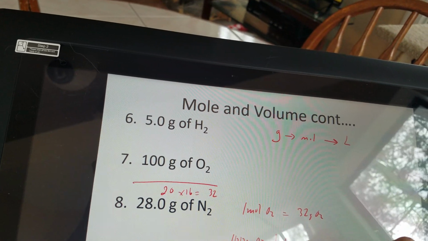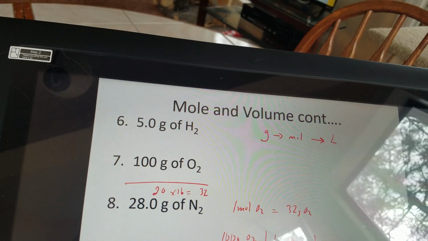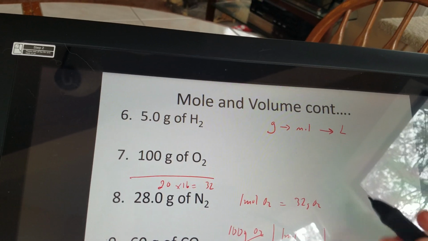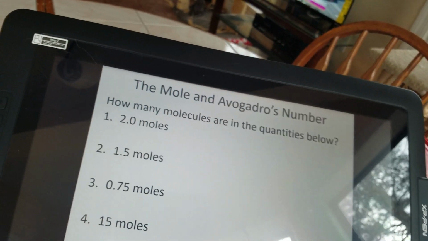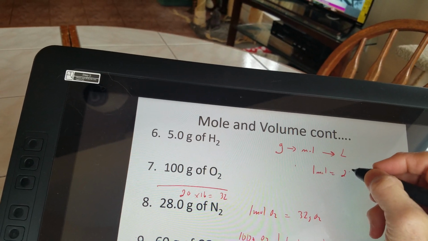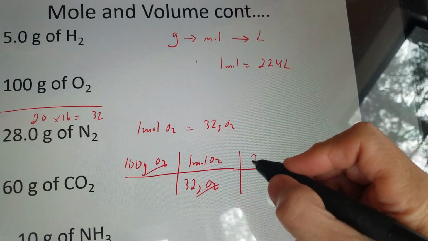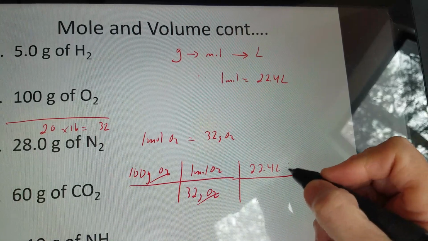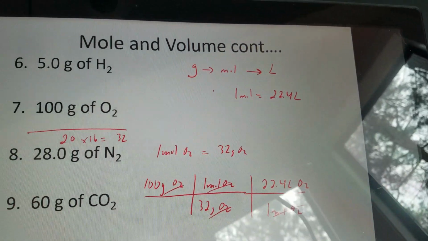My mole on the top. And then I will use my other conversion factor where I know that 1 mole of anything is equal to 22.4 liters. So this time, since I'm looking for liters, I'm going to put the 22.4 liters on the top, the 1 mole on the bottom so that that can cancel.